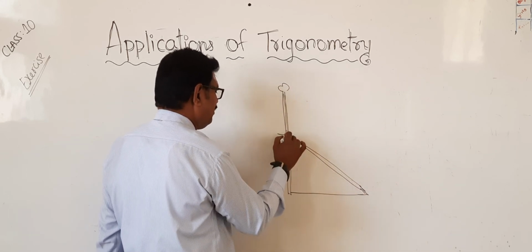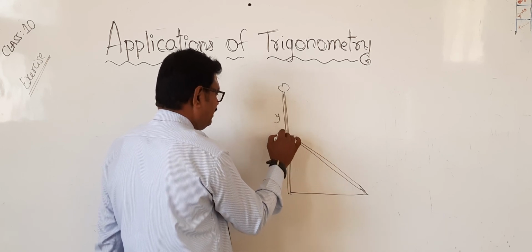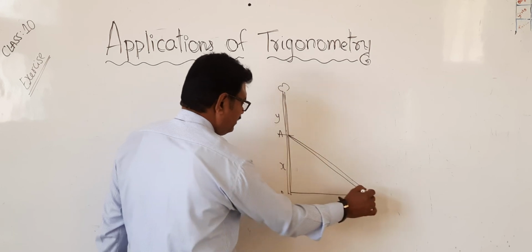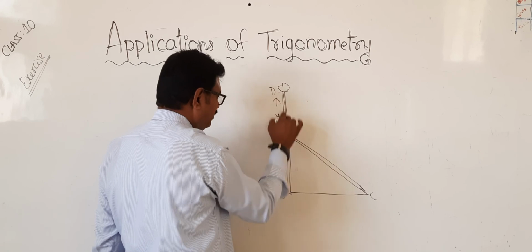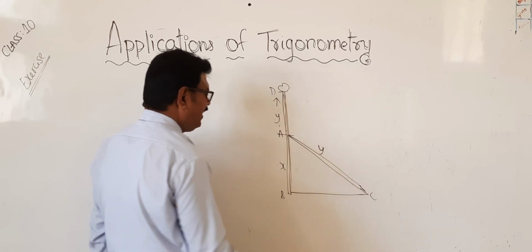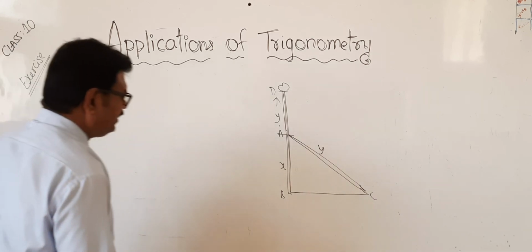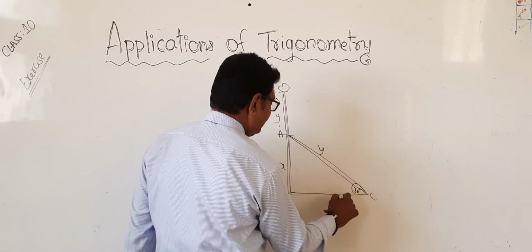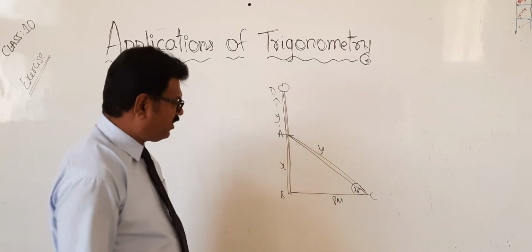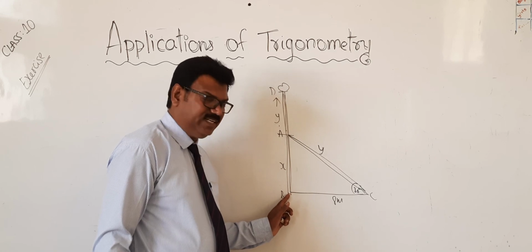For example, let this part be X and the other part be Y, with points A, B, C and D. Y is the part that was cut, so it is also Y. It makes an angle of elevation of 30 degrees with the ground, at a distance of 8 meters from the foot of the tree.